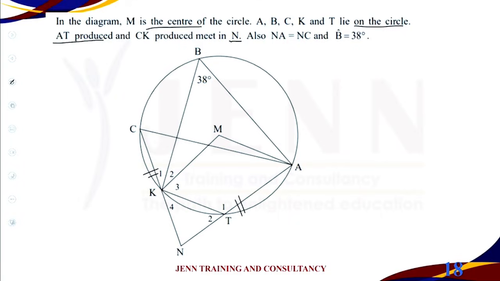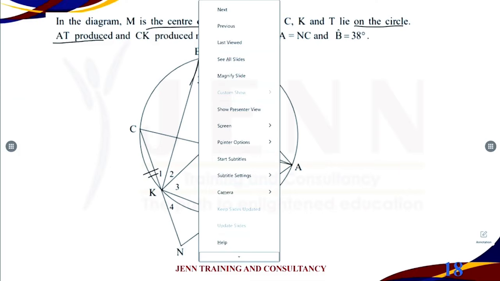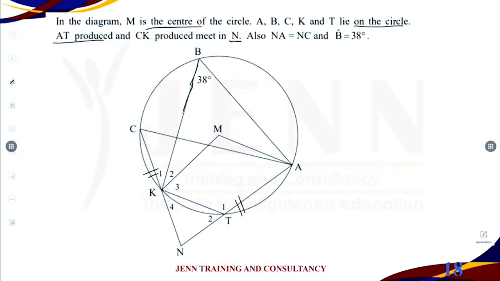Now, from my statement, I can see that I'm given the center. So that simply means when you are given the center, I know that this angle is twice that one, which is the angle subtended by an arc at the center.